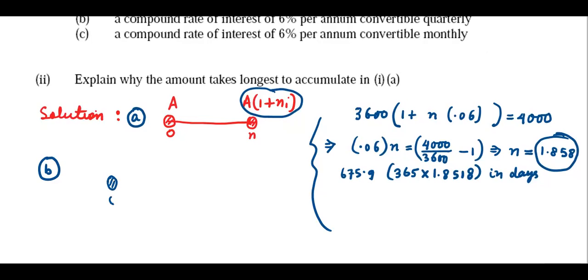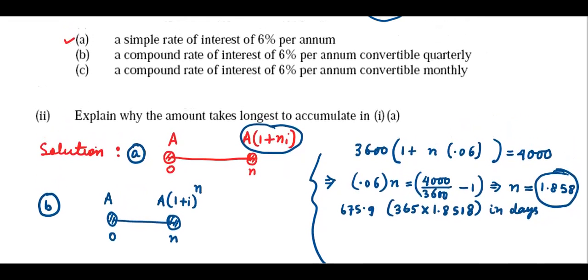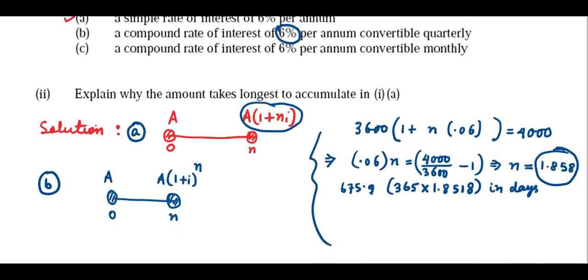If you deposit A at time 0, if you use compound interest rate, you will get 1 plus I power n, where I is the effective interest rate you can find. From here you can find n, but it will be power now. So compound rate of interest 6% per annum, convertible quarterly.